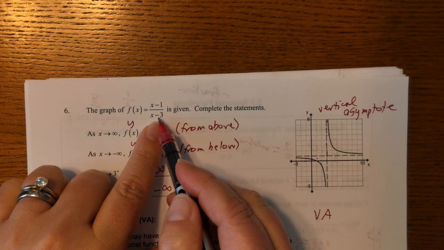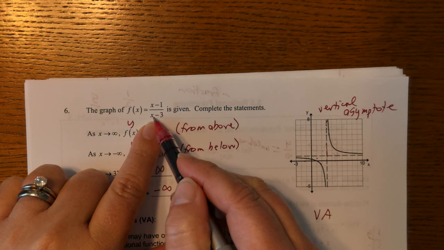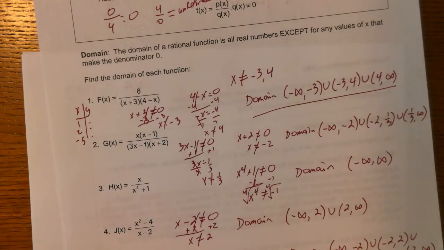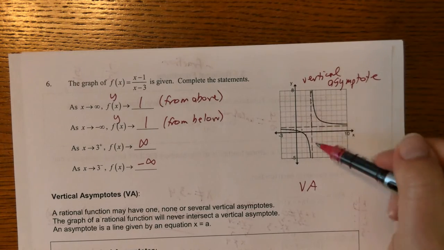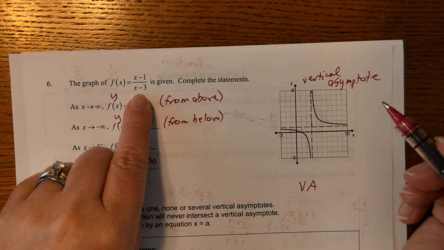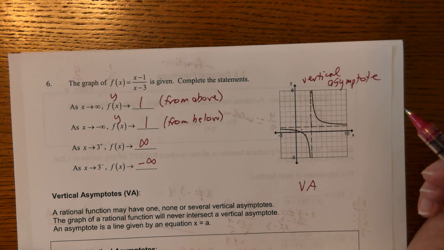Do you agree that 3 would be the one number that gets kicked out of the domain? Because 3 is the value that would have made the denominator 0. So over here, the values that we were kicking out of our denominator, that caused our denominator to equal 0, and that's why we kicked them out of our domain, good chance that that's where these vertical asymptotes would occur. Since 3 would cause this denominator to equal 0, that's why there was a vertical asymptote there, okay?